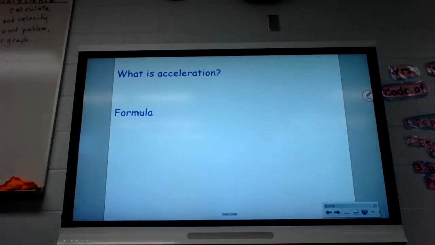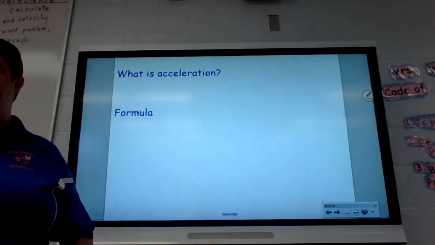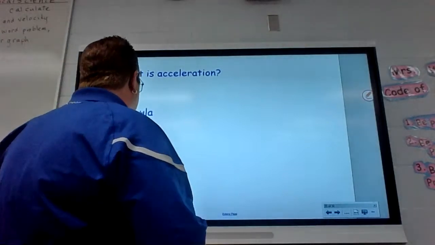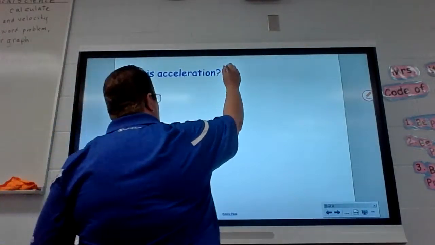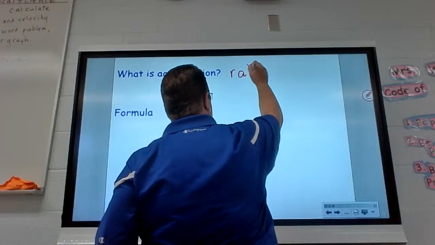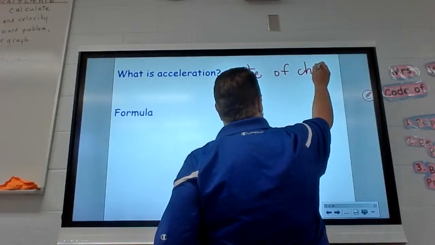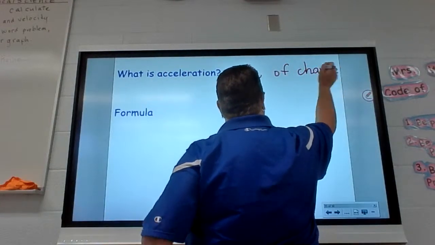Now, acceleration is what the lab is on. Is the title of the notes acceleration? Yes. So acceleration is defined as the rate of change in velocity.